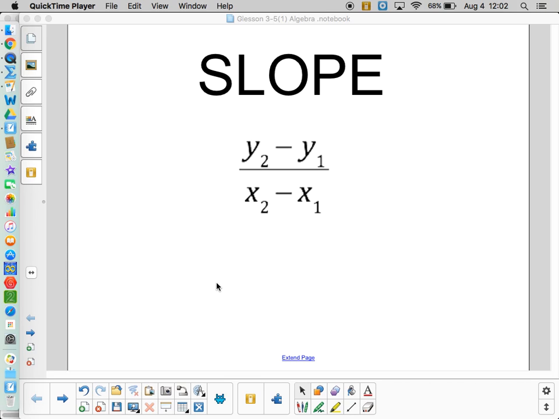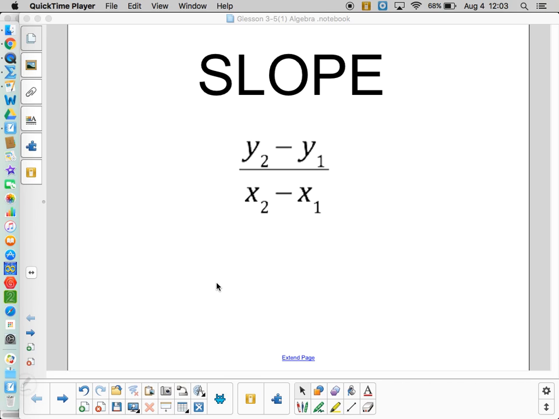It's one we use a lot. And it's what we're going to talk about today when we're talking about parallel and perpendicular lines, because we're going to move this discussion of parallel and perpendicular lines into the coordinate plane. And the way we determine whether things are parallel or perpendicular in the coordinate plane is via slope.